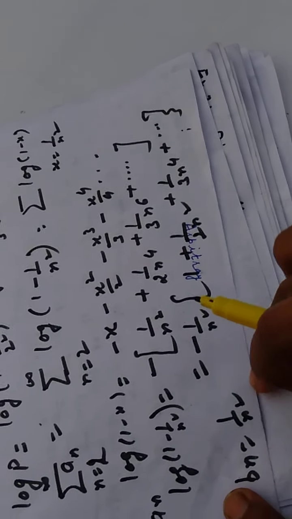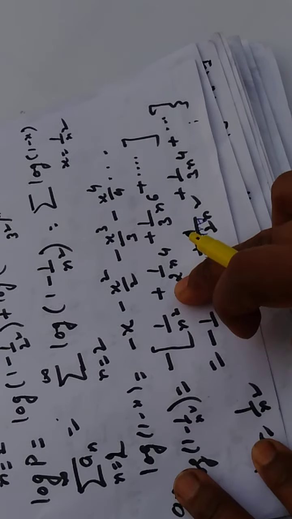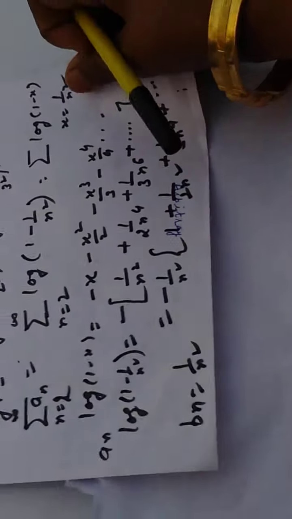If I choose Bn as 1 by n square, and an is this, then what is an upon Bn?